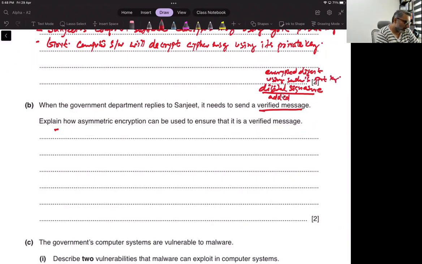Now, the government software creates a message digest.